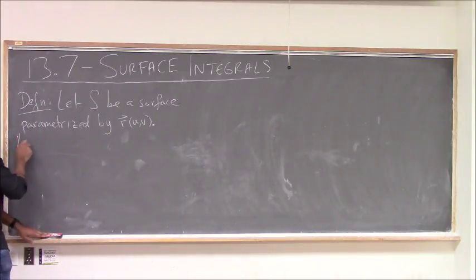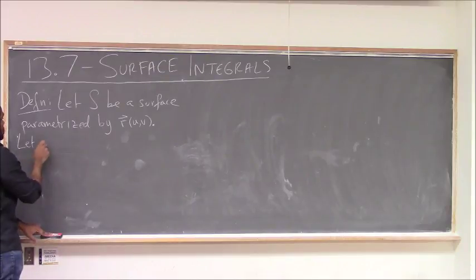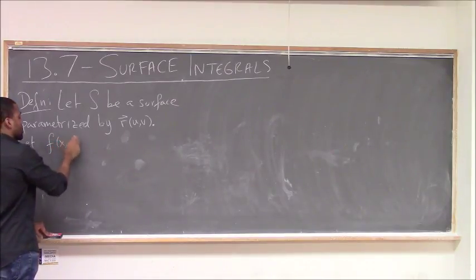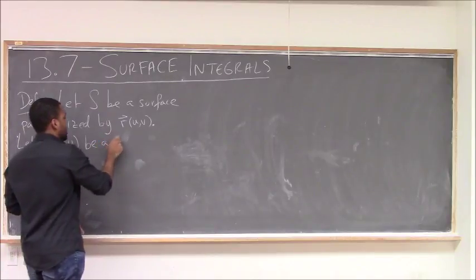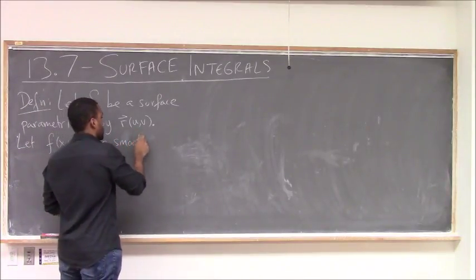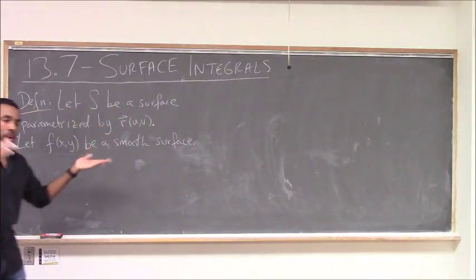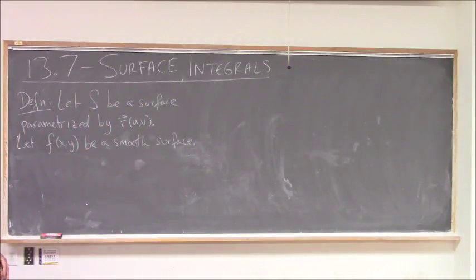Let f of x, y be a smooth surface, meaning we can find all the partial derivatives and they're all continuous and things like that.